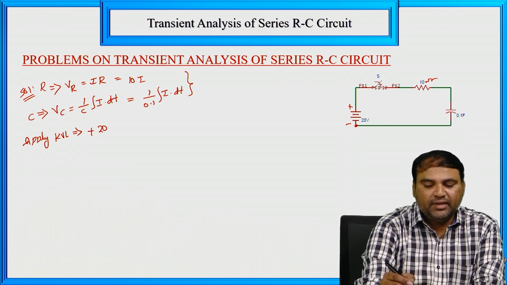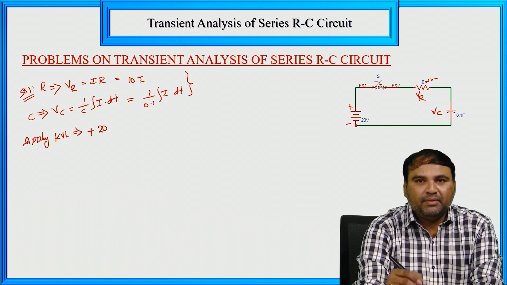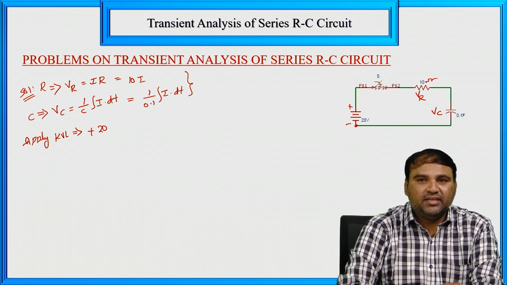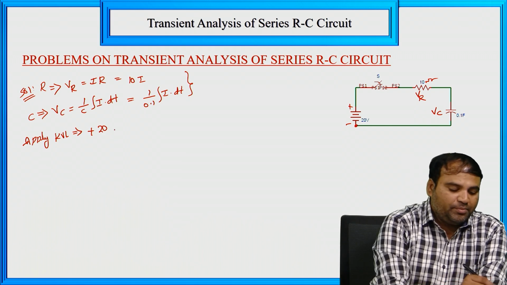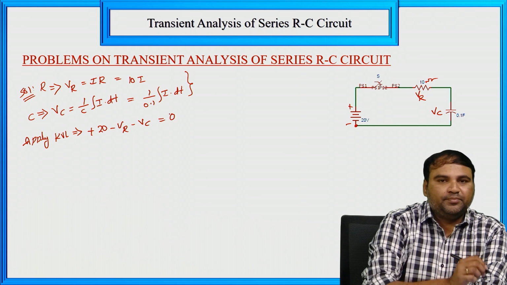Here the 10 ohm has voltage drop VR, and the voltage drop across the capacitor is VC. The current is constant in a series circuit. So plus 20 minus VR minus VC equal to 0.